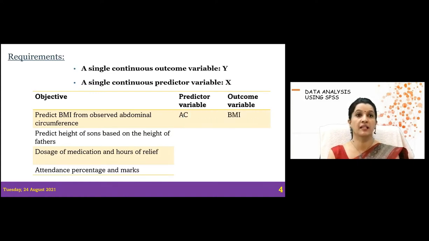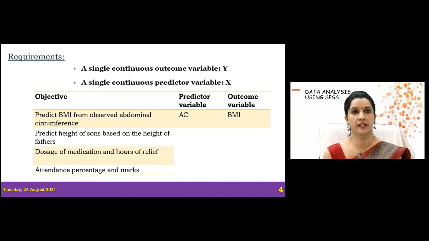Now the second objective is to predict the height of sons based on the height of fathers. What is the predictor variable here? Veeraval is writing the height of father, it's the predictor. No, wait, we have to predict the height of sons.